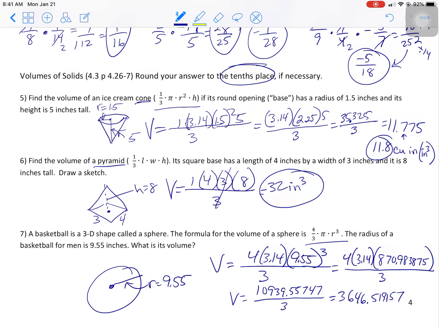All right, round your answer to the 10th place. 3646.5, and that would be cubic inches as well. Okay.